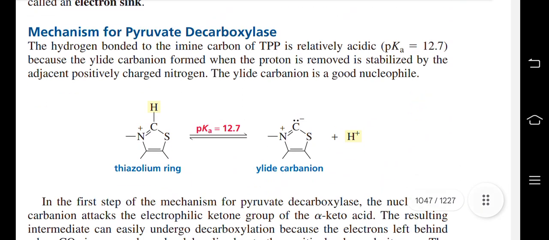Mechanism for pyruvate decarboxylase. The hydrogen bonded to the imine carbon of TPP is relatively acidic because the allyl carbanion formed when the proton is removed is stabilized by the adjacent positively charged nitrogen. The allyl carbanion is a good nucleophile.